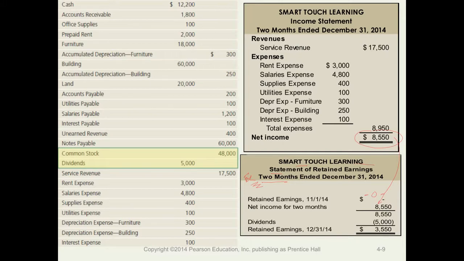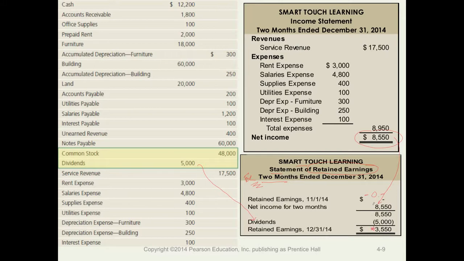And as we said, for our textbook purposes, we're going to be using a simple statement of retained earnings, but typically corporations will be preparing and reporting and issuing to shareholders and the SEC a much larger statement of changes in stockholders' equity. Then, of course, the dividends are going to come from the trial balance.